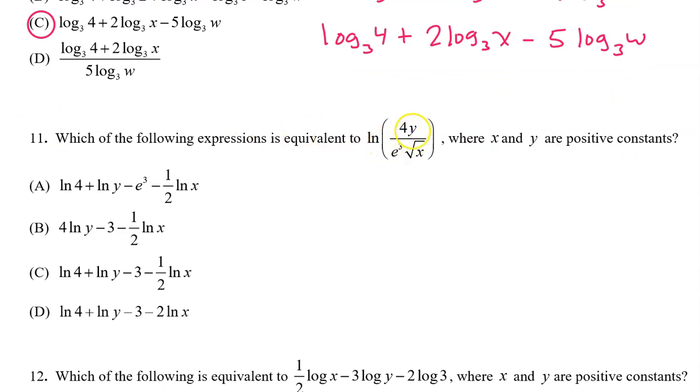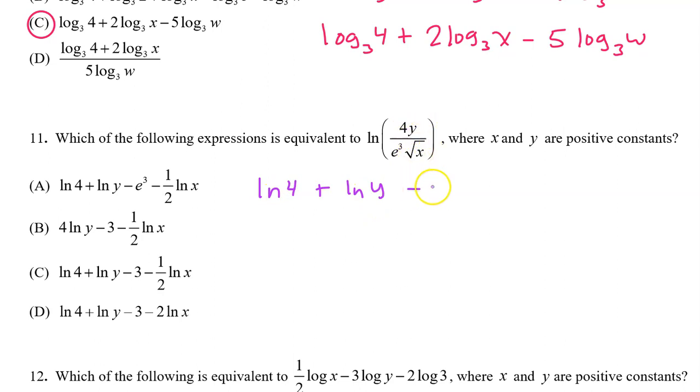For number 11, I see 4 factors inside this quotient. So I'm going to split this up into 4 terms. So we have the natural log of 4 plus the natural log of y. These two terms are positive because these factors came from the numerator.